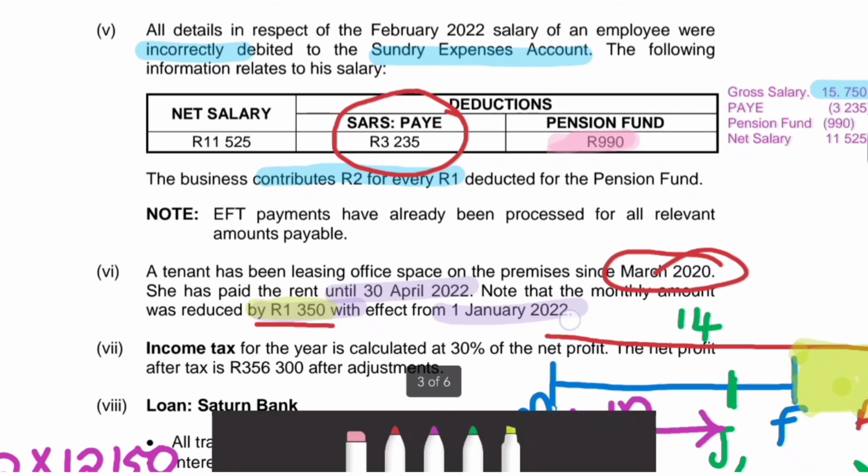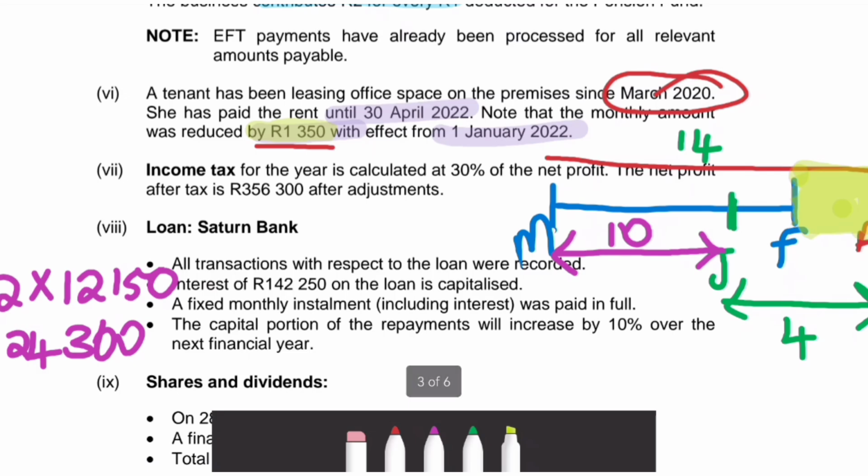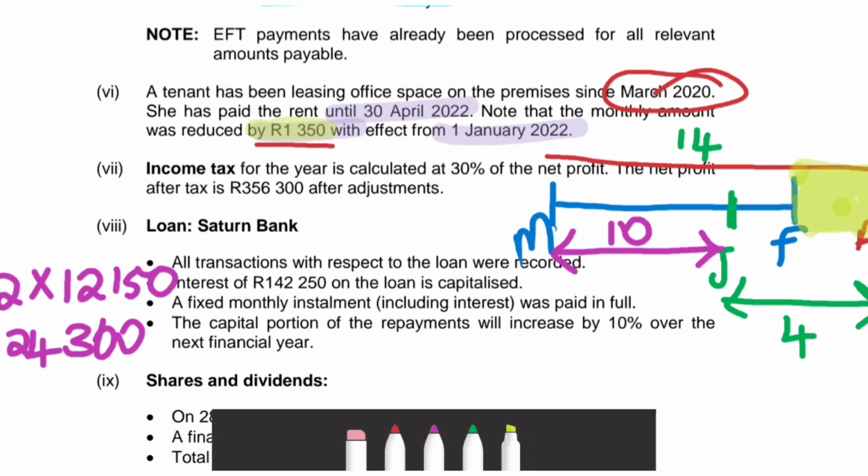The last adjustment that affects the income statement is income tax for the year, calculated at 30% of net profit. The net profit after tax is 356,300 after adjustments. So this is the profit after we have taken out the tax, and what we're looking for is the tax. So what we need to do is understand that the net profit before tax represents 100, then the tax represents 30%, then that would mean the net profit after tax.